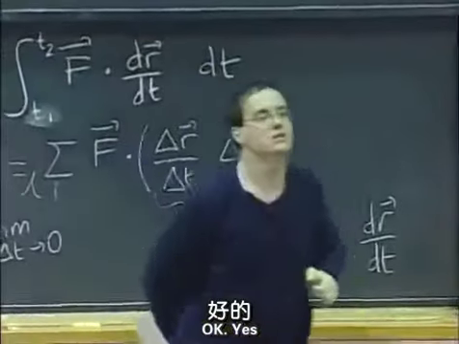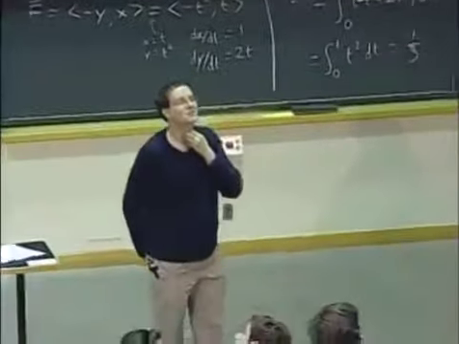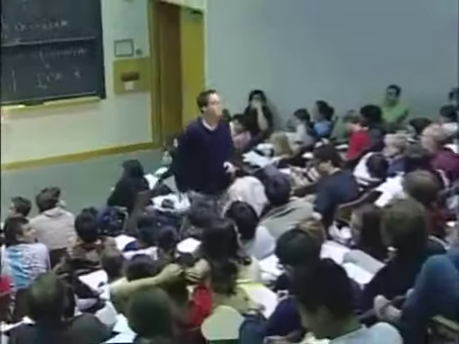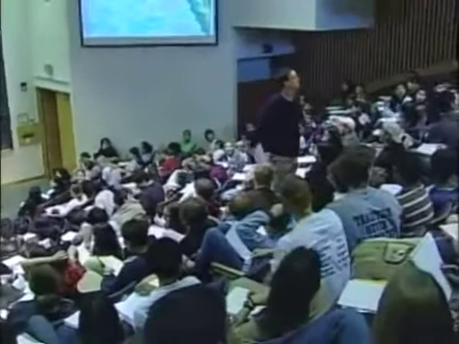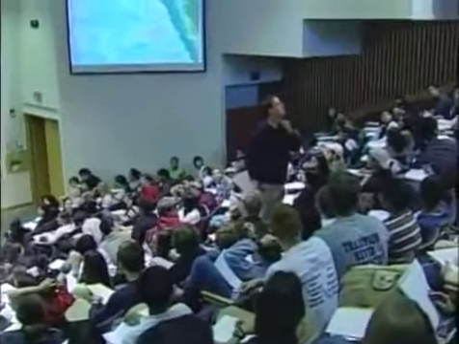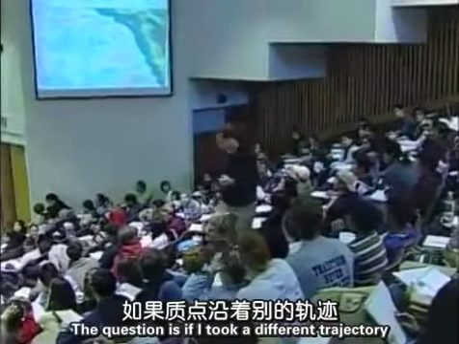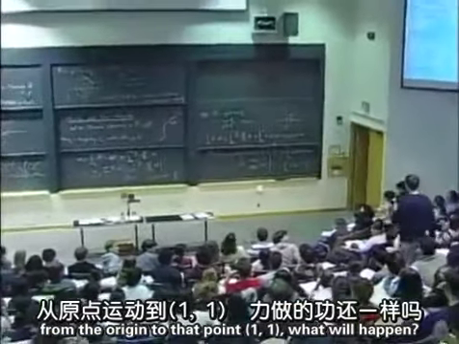Oh yes, sorry, I can't see people up there because of the spotlights. The question is, if I took a different trajectory from the origin to that point (1, 1), what would happen?